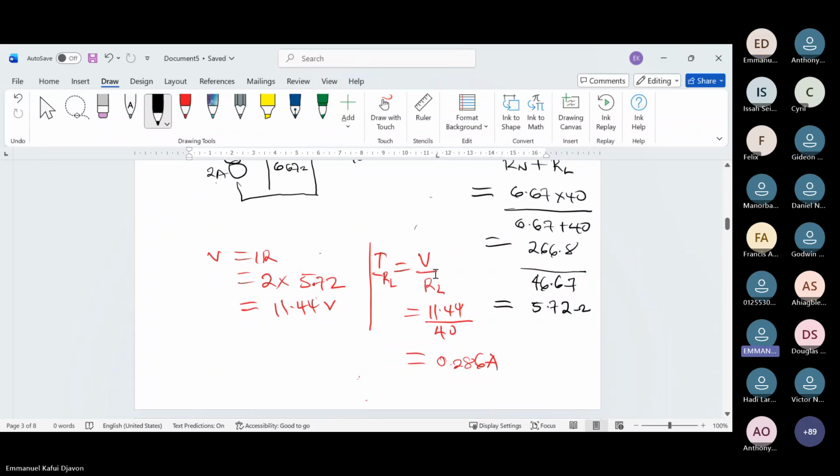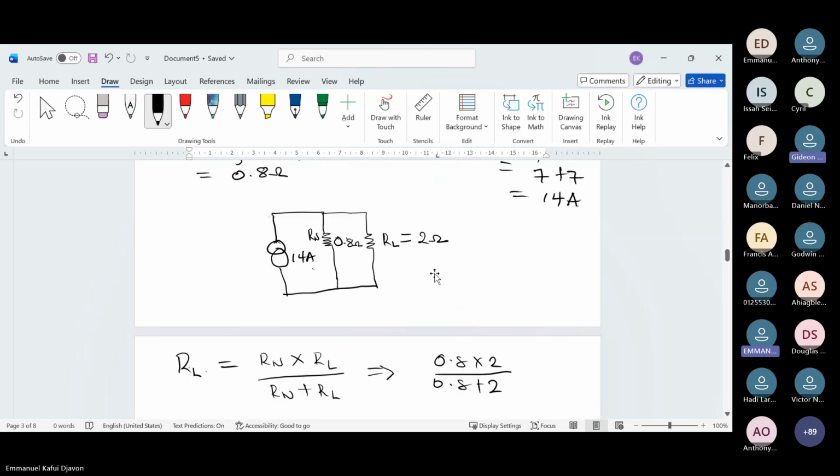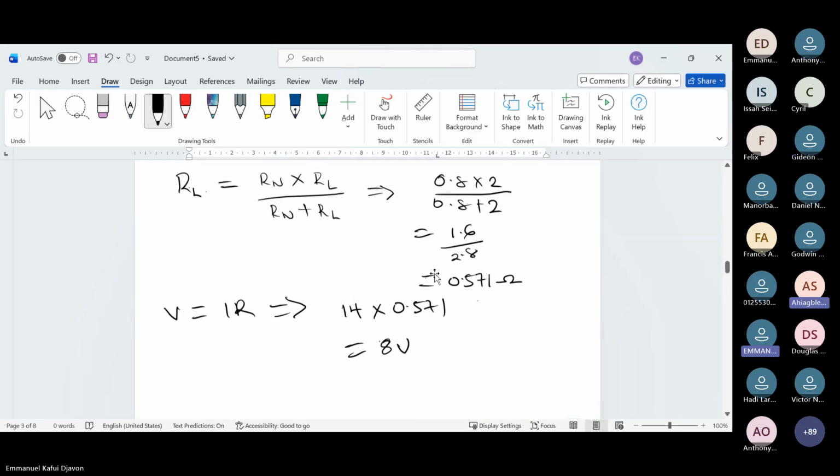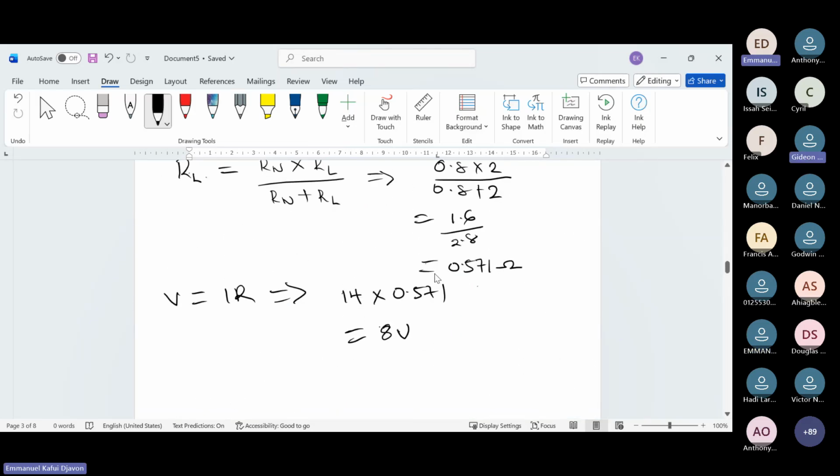When you multiply 14 by 0.571, you will get 7.994. That is 7.99, which rounds to 8. When you touch the 9, the 9 becomes 10, so the 1 will hit the 7 and it will be 8.0.